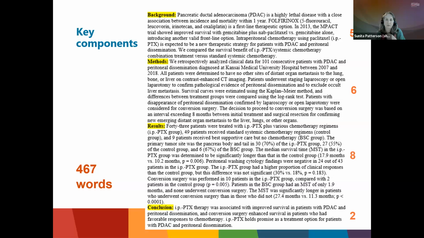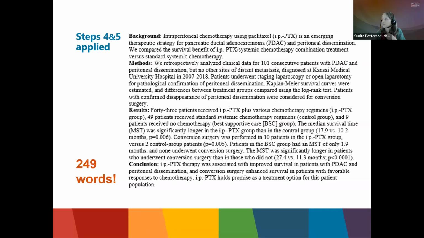Okay, this was our final version. So now the results is the longest. The background is only 2 sentences. The conclusion is only 2 sentences. And the methods is whittled down to what is important to support the results. So I think this is much better proportions than we started out with.